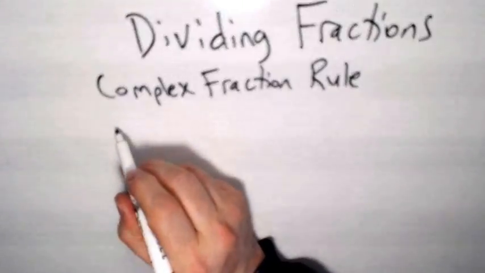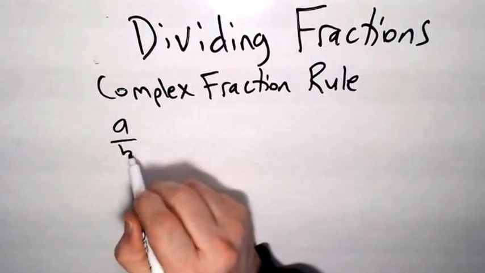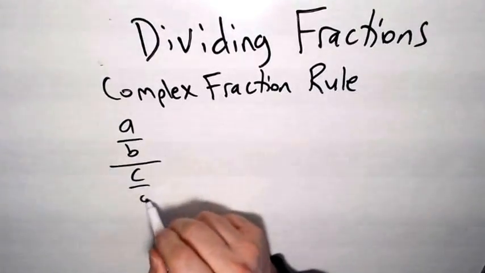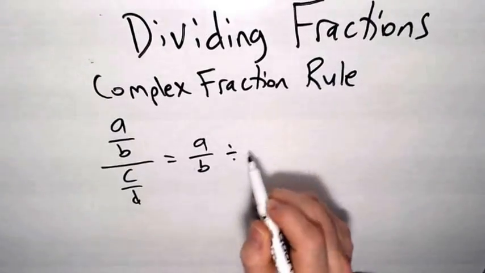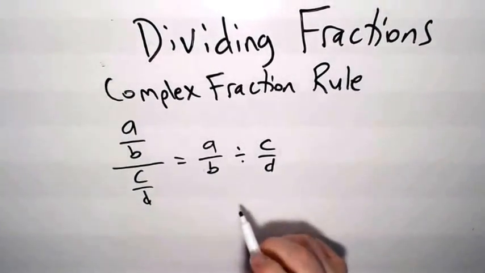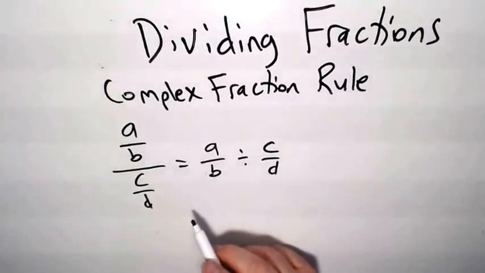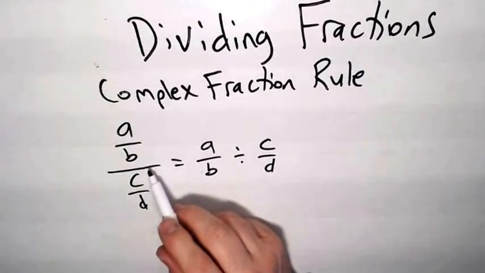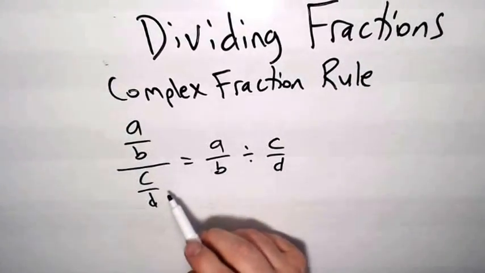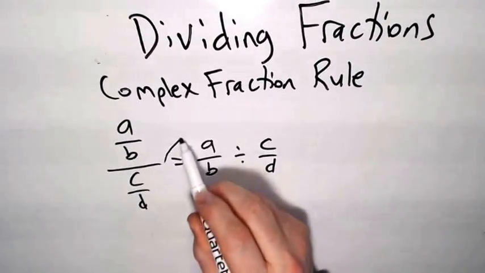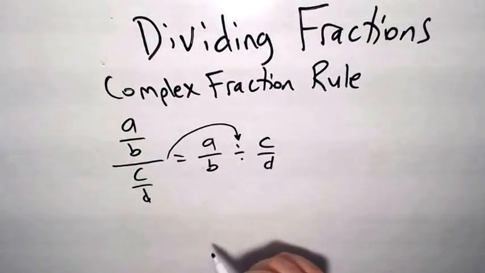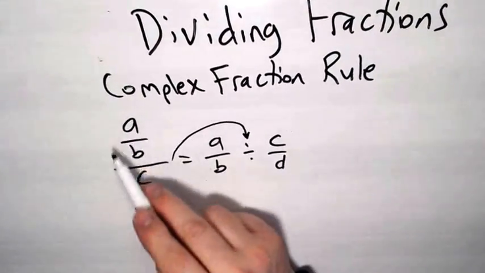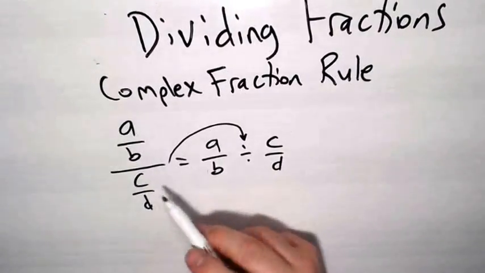And the complex fraction rule goes A over B over C over D is equal to A over B divided by C over D. What does the big fraction bar here mean? It means division. And these two fraction bars also mean division. So this fraction bar is showing up right there as a division. And the two fractions are the same, A over B and C over D.